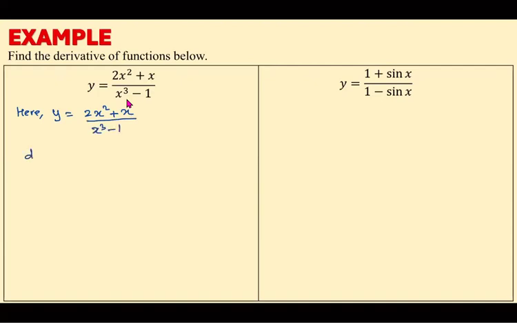So if we use the quotient rule, dy over dx is equal to, the quotient rule says, the denominator, which is x cubed minus 1, times the derivative of the numerator. The derivative of 2x squared will be 4x, and the derivative of x will be 1. So that will be 4x plus 1.